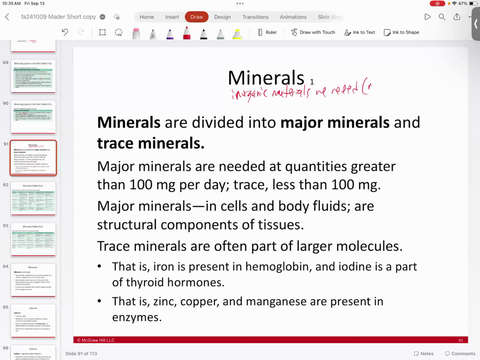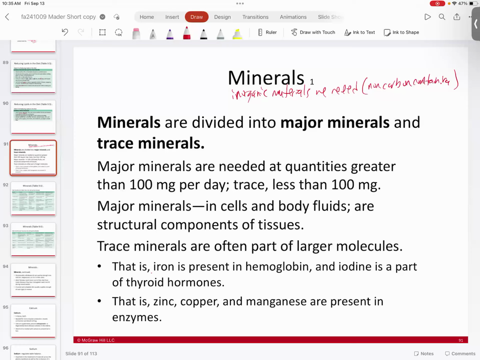Usually they are metal ions, whereas a vitamin typically is a carbon-containing molecule. Generally speaking, we have certain minerals that we need, normally about 100 milligrams per day. A trace mineral is less than 100 milligrams per day. These are helpful in our enzymatic reactions.